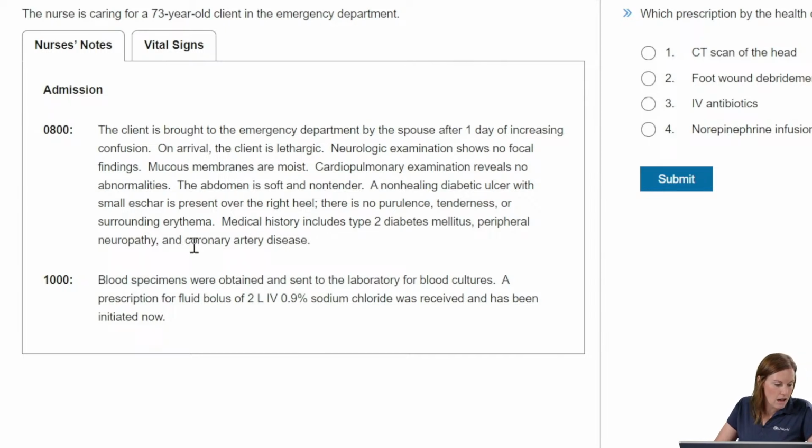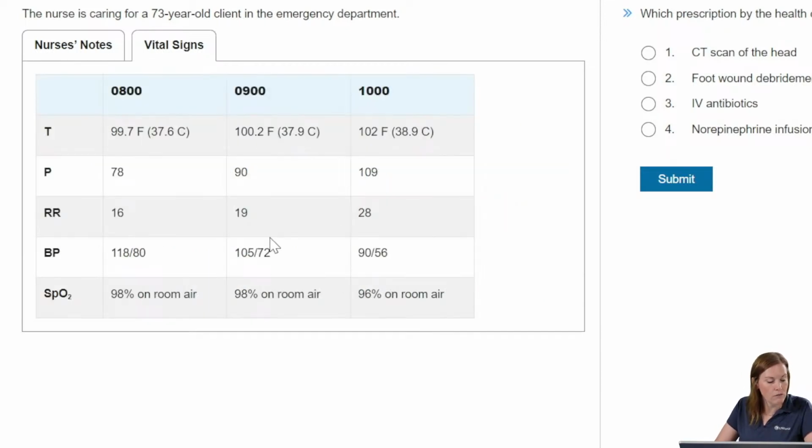And then at 10 o'clock, blood specimens were obtained and sent to the lab for blood cultures. A prescription for fluid bolus, 2 liters IV normal, or 0.9% sodium chloride was received and has been initiated. Okay, and then for our vital signs, I am seeing our temperature increasing, our heart rate increasing, our respirations worsening, and our blood pressure dropping.